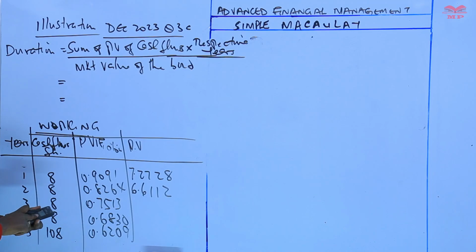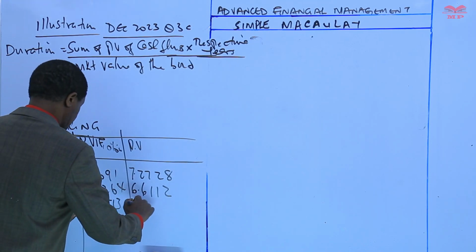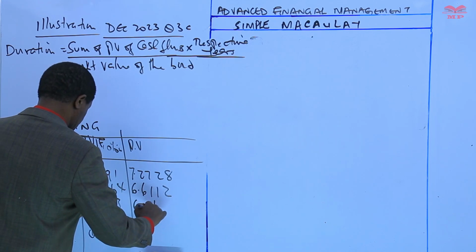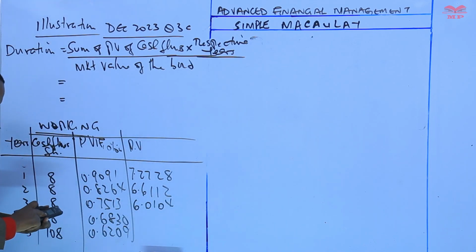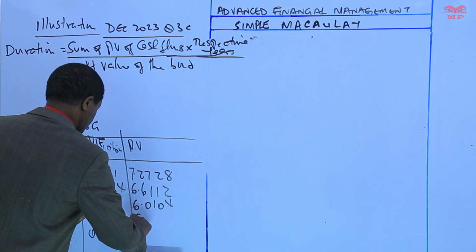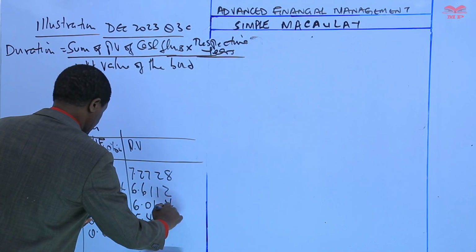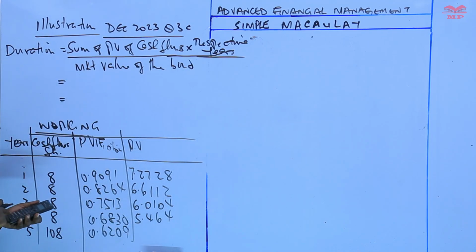Next, we have 8 times 0.7513, which is 6.0104. Next, 8 times 0.683, which is 5.464. And lastly, we discount 108 times 0.6209.